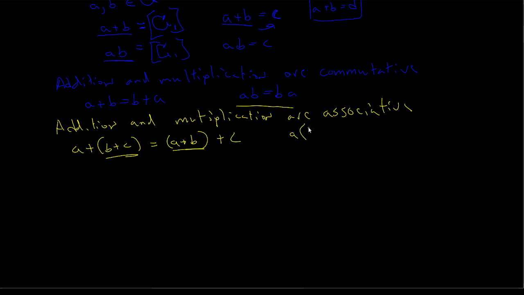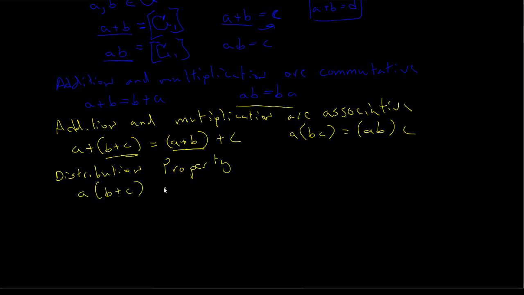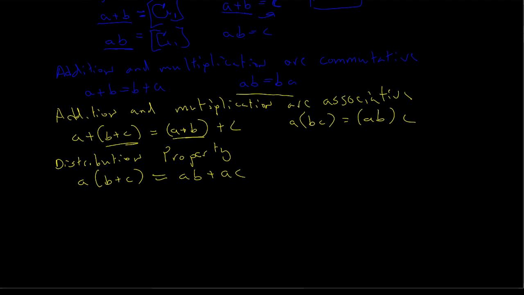And A times B times C is the same as A times B times C. So we can group numbers together in how they multiply. And then there's a distribution property, where A times B plus C is equivalent to AB plus AC. We can distribute. And so all real and complex numbers exhibit these properties.